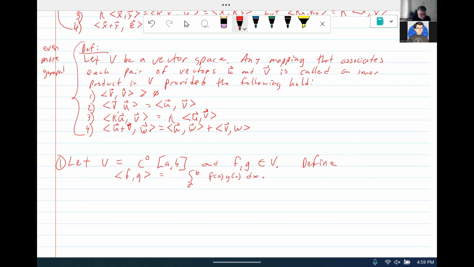Mhm. Yeah, I don't think we, it might have been in the homework. I'd have to check the book. I don't think we defined that vector space particularly. Sure.